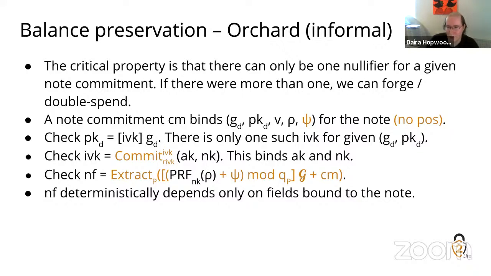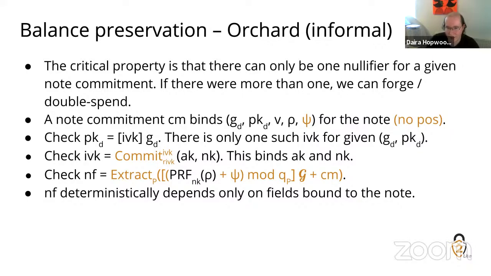We only have one IVK for a given address, and therefore for a given commitment. Here, instead of a collision resistant hash, we're using a commitment scheme, but that's also binding, so that's fine. The reason for changing this is that now we don't have to use Blake2s here. We can use Sinsemilla to construct a commitment scheme.